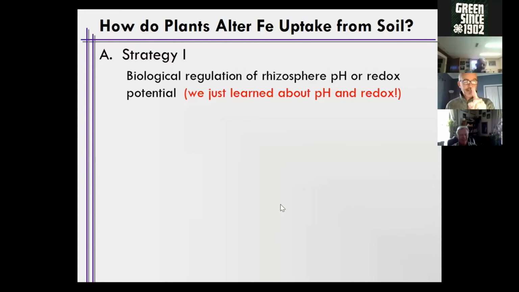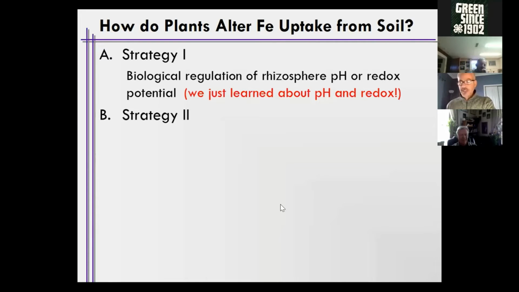If you lower the pH, and we talked about this already, iron 3 plus availability increases 1,000-fold for every 1 unit pH decrease. And if you're a plant and you can alter the redox conditions around the rhizosphere, you can convert iron 3 to iron 2. I already told you that the availability will increase about 10,000 to maybe a million fold. And plants can do this. So that's one strategy with two subcomponents.